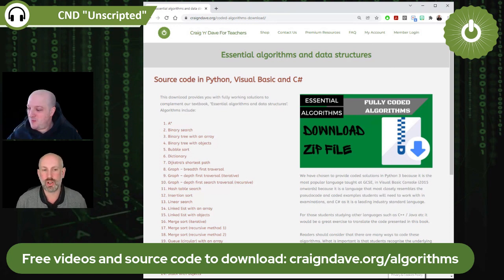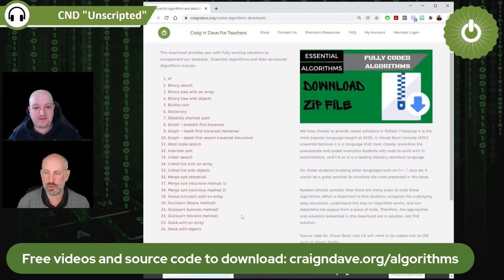But I wanted to try and get as much consistency across the models as I could. So if you look at the Python code and you compare it to the C# code, it doesn't look completely different. You can definitely follow the similarities between the coding methods. Obviously, some languages allow you to do string manipulation in a particular way, and other languages don't, so there are some little gotchas and differences in there. But 24 algorithms, you can download them completely free. You don't need the book for this.